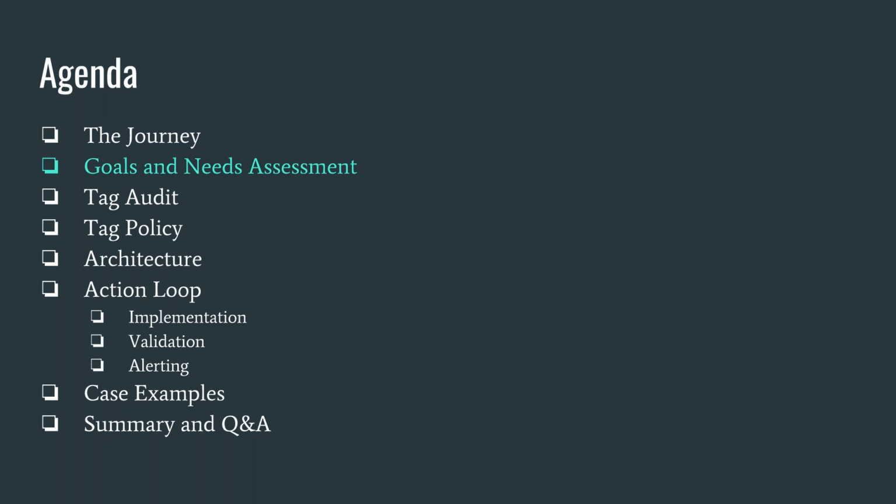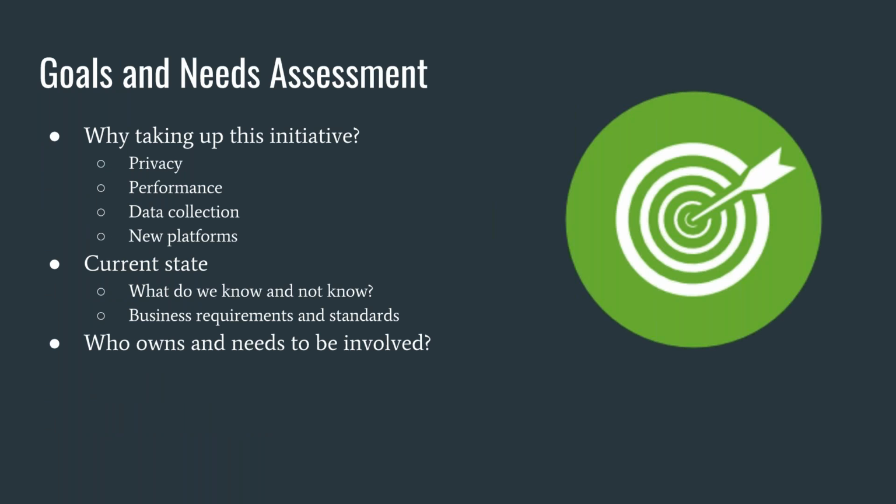So number one, goals and needs assessment. So what is this? The number one question that we need to be asking and we need to understand is, why are we taking up this initiative? What is the purpose? There's money being invested in some platform or some team for a project around the tags.